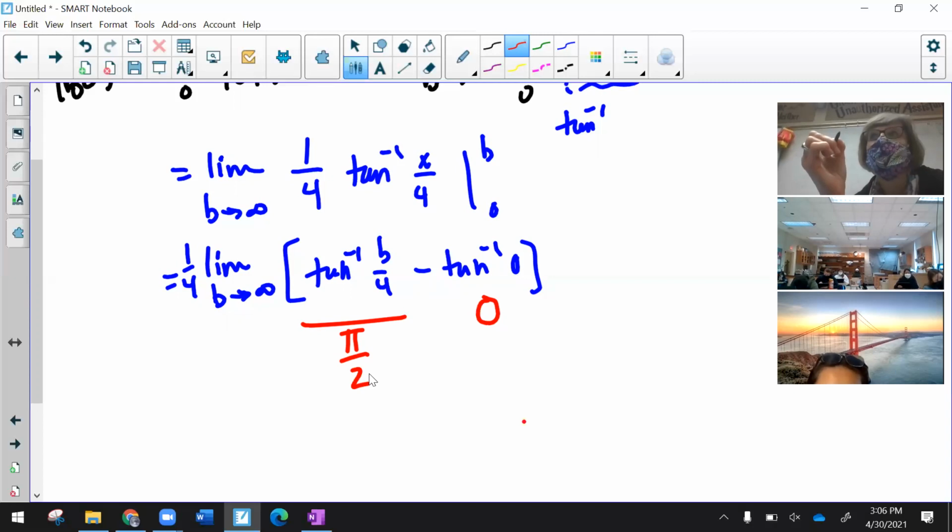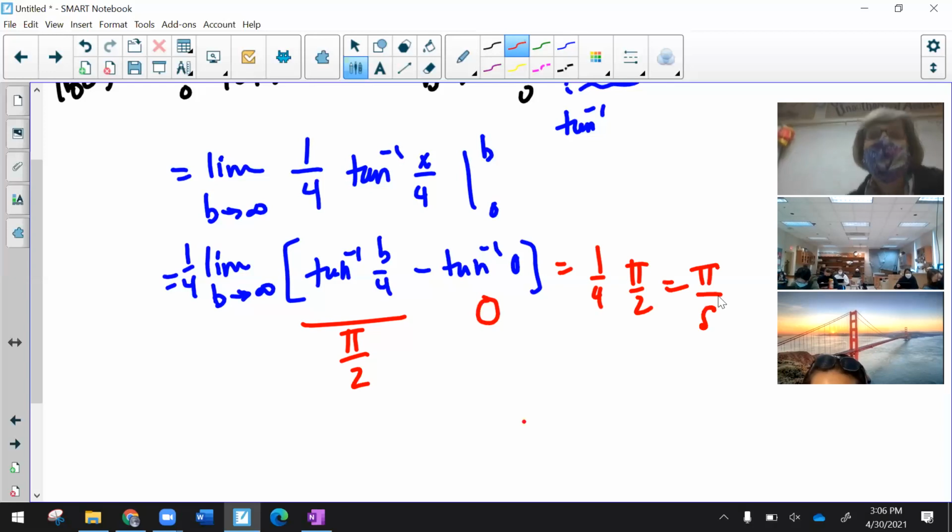Remember, because the cosine of pi/2 is 0, so that puts the 0 in the denominator. So this is going to give me 1/4 times pi/2, or pi/8. So if you've gone through all the tools in your toolbox and nothing's working, it's probably an inverse trig function.